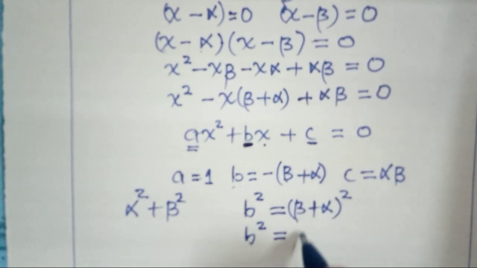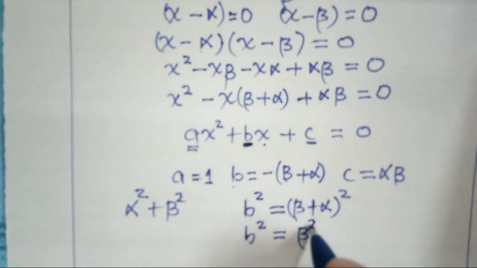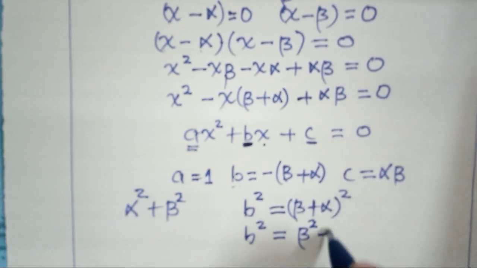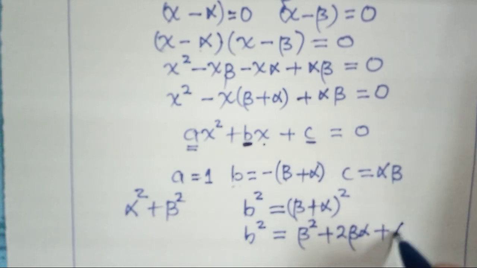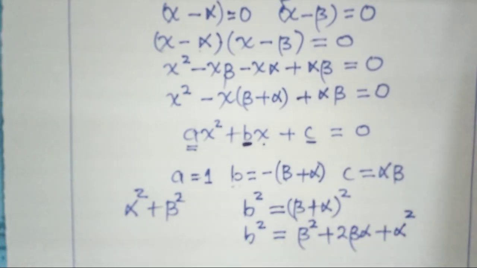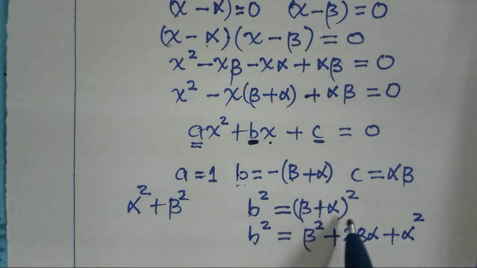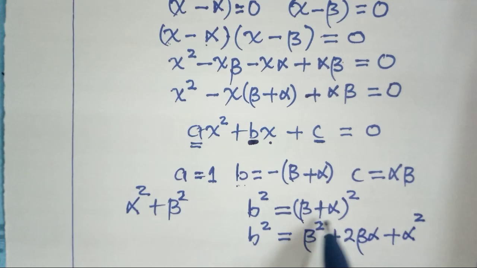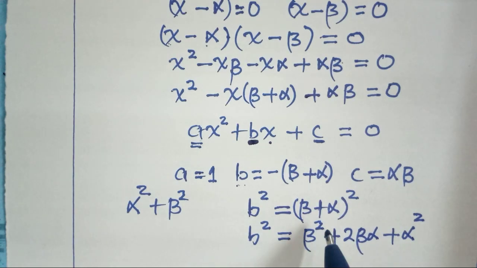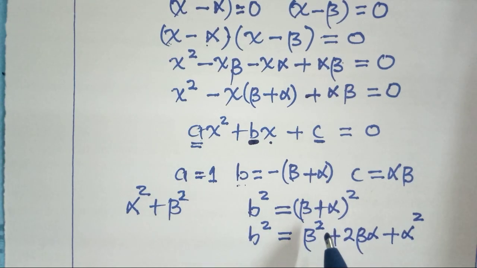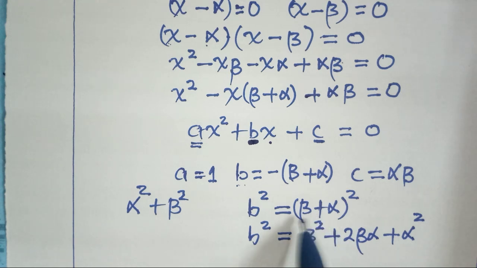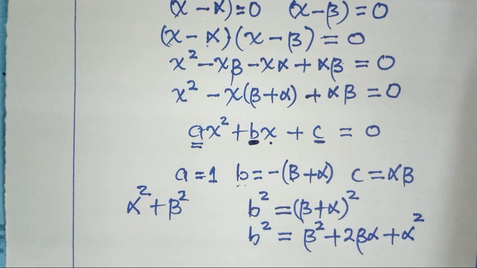If we square that, we shall get beta squared plus 2 beta alpha plus alpha squared. Guys, I can give you homework to square that one. We have just squared it overhead for you. Unless you are very familiar with squaring, you need to go and square it the way it's supposed to be.